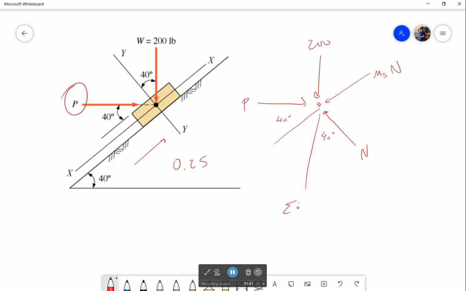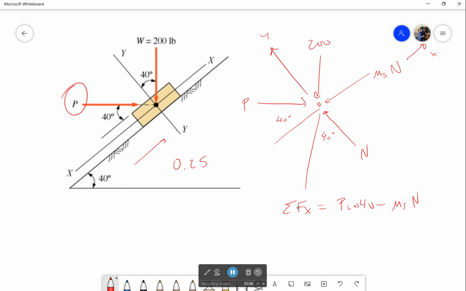We should do the sum of the forces in the x, which is going to be equal to P cosine of 40 minus my friction force. That might have confused you, but I was saying that this is my x-axis and this is my y. It can make things a little bit more simple.